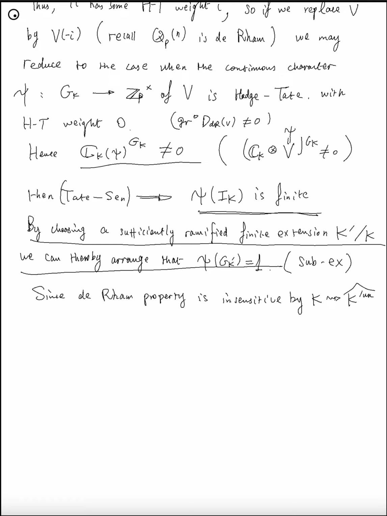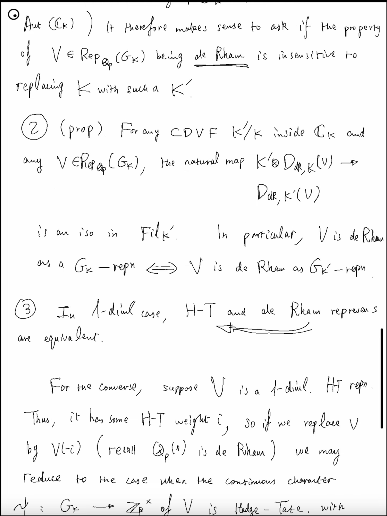K prime is any finite ramified extension, it doesn't matter. And then we reduce to the case of the trivial character, the trivial representation, which is de Rham. So we think of this as the second part of the exercise.